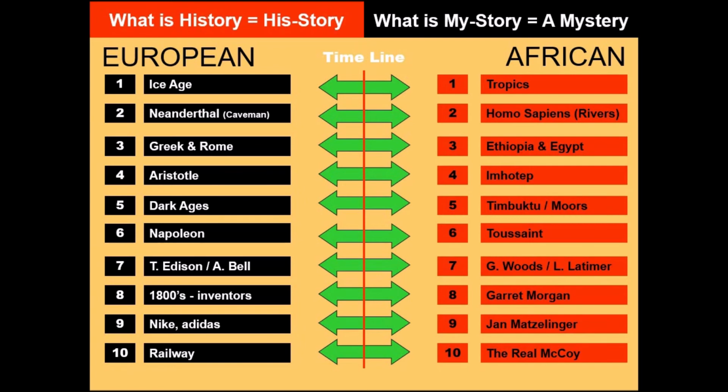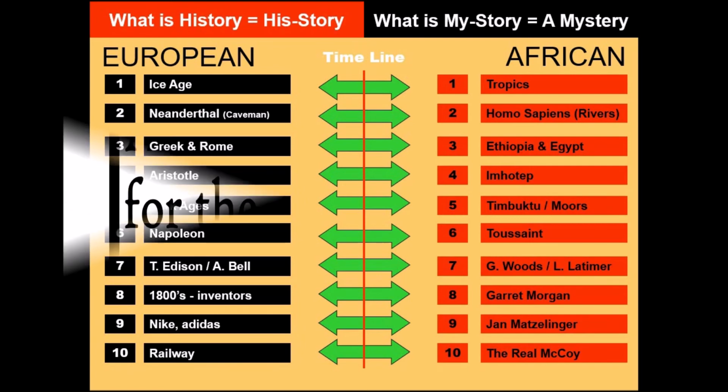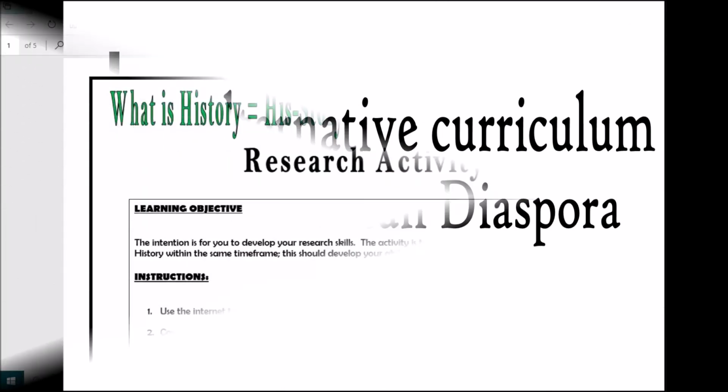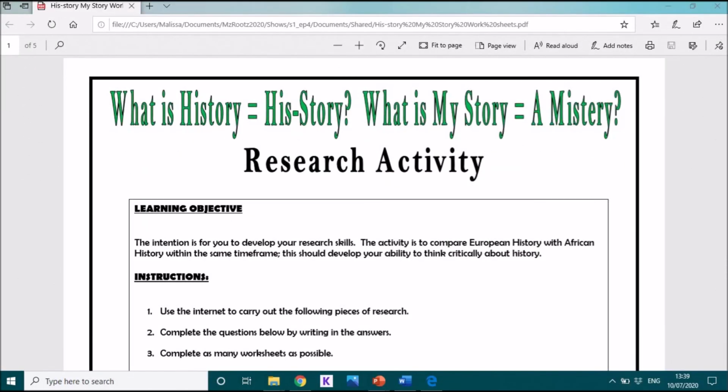I hope you are empowered by this short activity. If you haven't already, now is a perfect opportunity for you to download the His Story, My Story research activity worksheets.